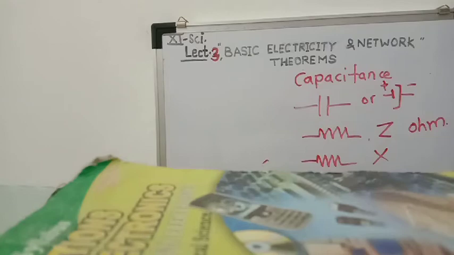Inductive reactance is indicated by XL, and capacitive reactance is indicated by XC, and its unit is also ohm. Okay, so these are the symbols.